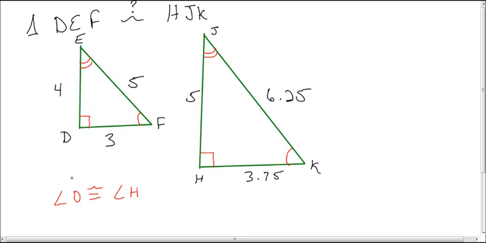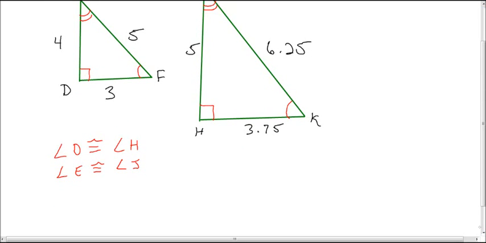We can also see that angle E is congruent to angle J, because we see the two arcs. We can also see that angle F is congruent to angle K. So we got the first little step out of the way, which is to make sure that the angles correspond.